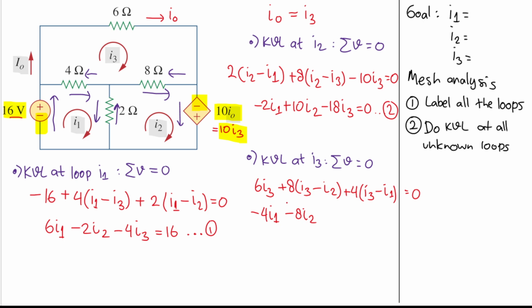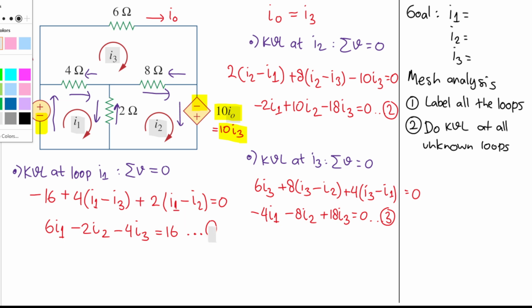So we'll have 6 plus 8, that will be 14. 14 plus 4, that will be 18. So we'll have 18I3. All of that will equal 0, and we have the third equation. Now we have 3 equations and 3 variables, right? We should be able to solve them.